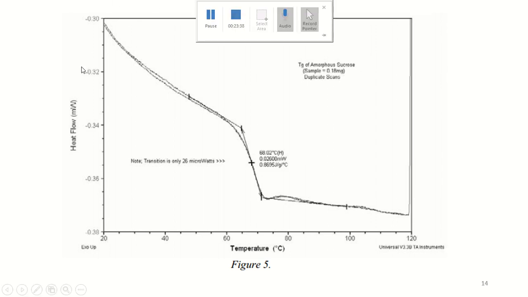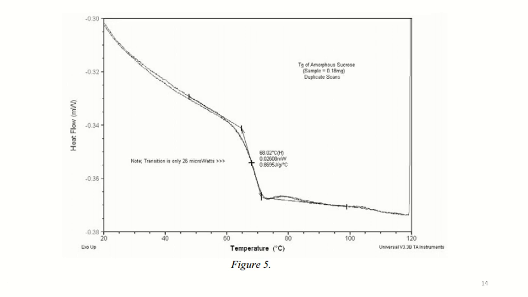In order to verify that there are small amounts of amorphous material in the crystalline sample, the technique of standard addition was applied, where a known quantity of amorphous material is added to a known quantity of the crystalline sample.